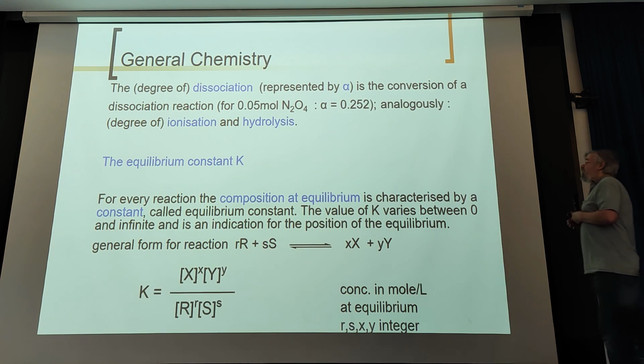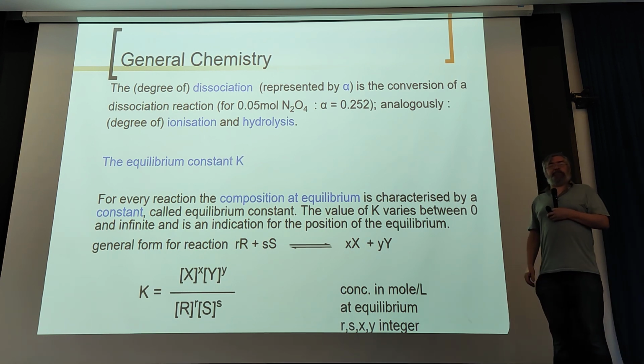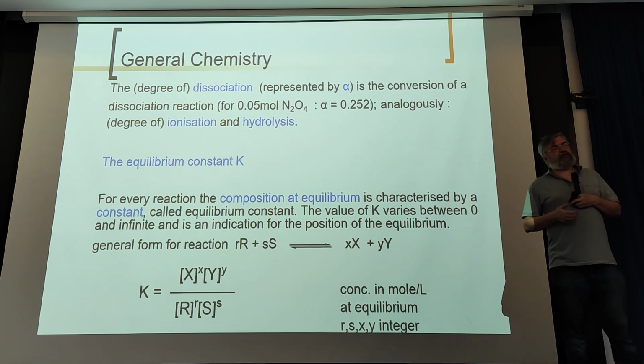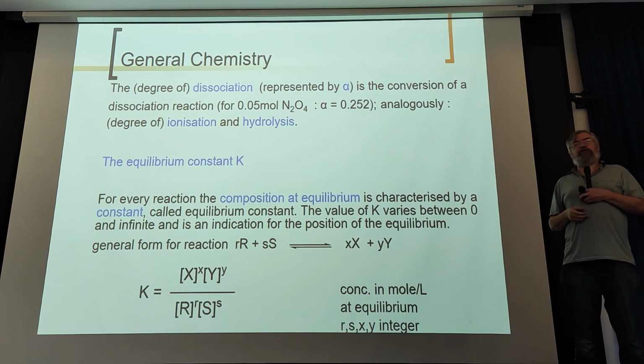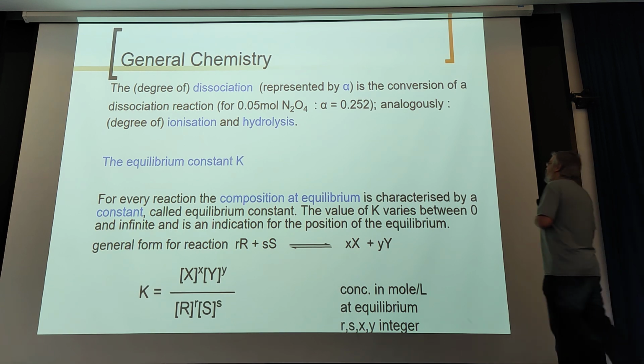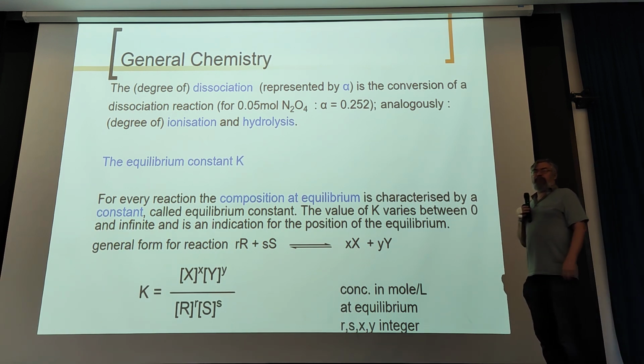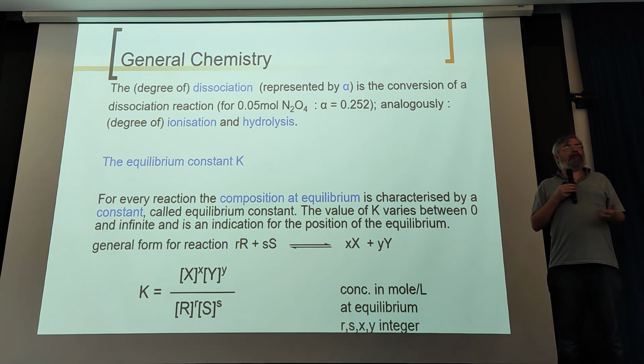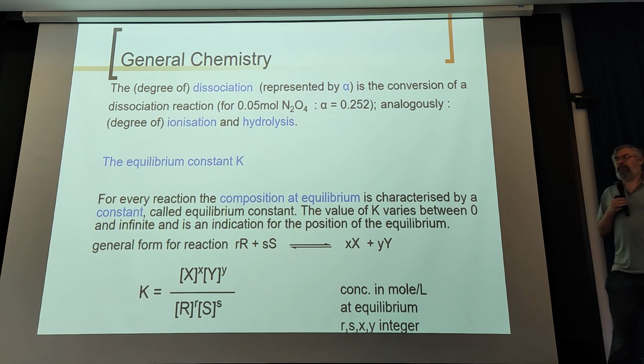Now, this is normally expressed by alpha. So alpha is a degree of conversion, and that's a number between 0 and 1. We can also express degrees of conversion for different reactions, like degree of ionization, degree of hydrolysis, and so on. Sometimes the Greek letter changes, so it becomes gamma or something like that. It's still degree of conversion.